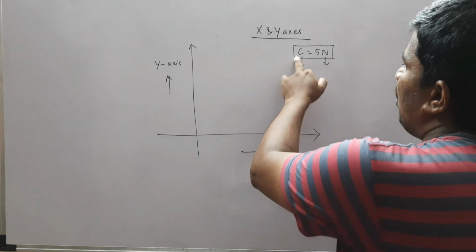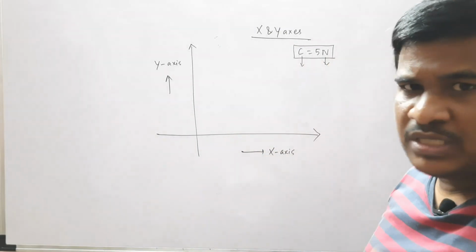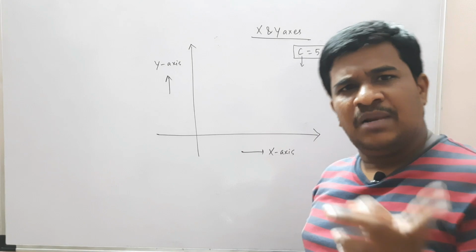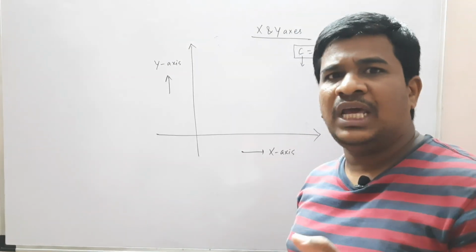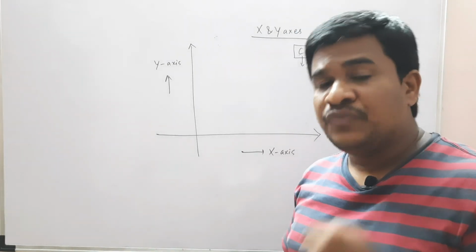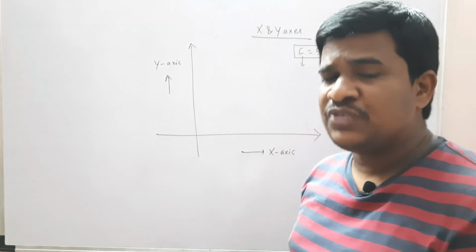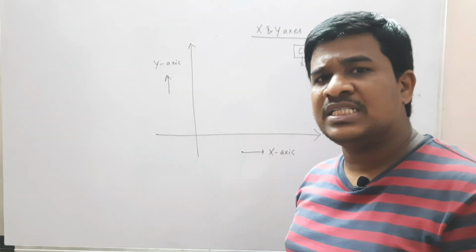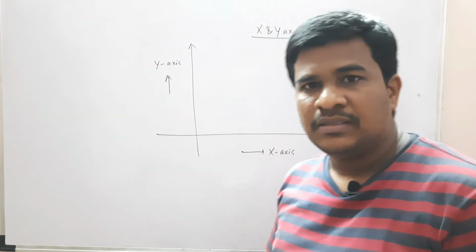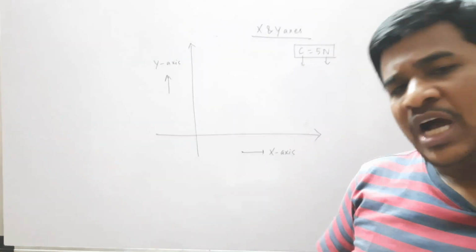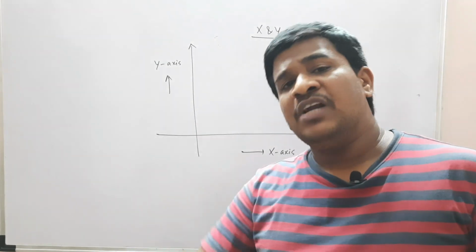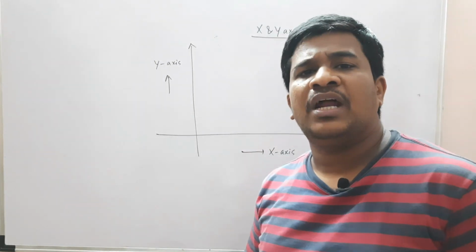So here, cost and number of pens, two variables are there. One quantity I will take on the x-axis, the other on the y-axis. You must be very clear with that. By rule, always independent variables must be taken on the x-axis, dependent variables on the y-axis.